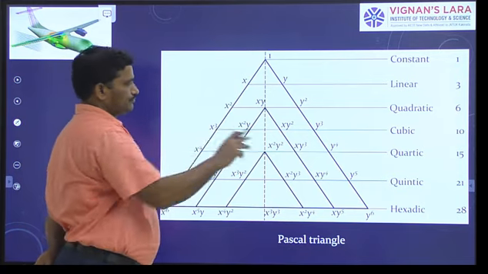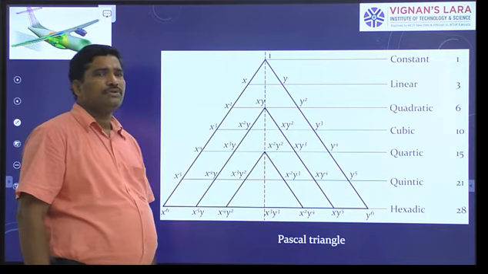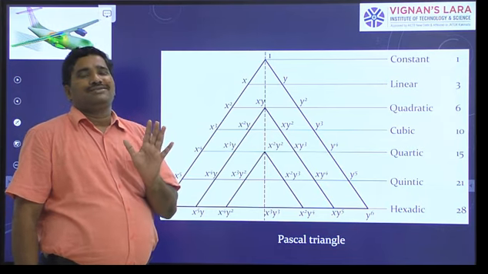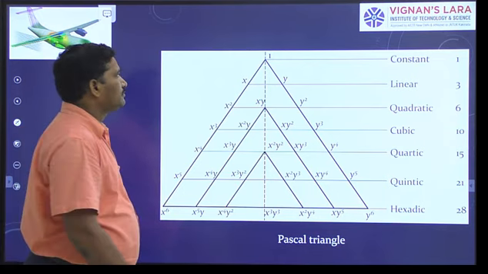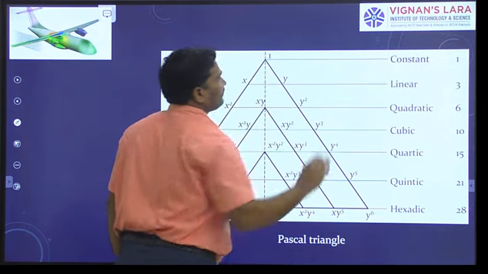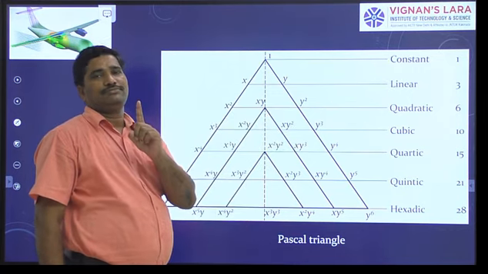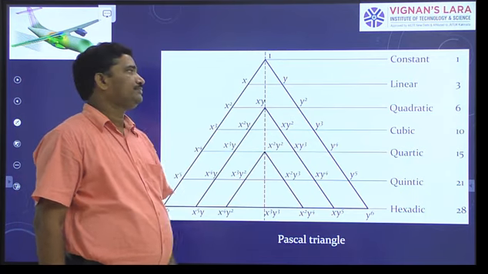Observe carefully. When you want a polynomial with only one constant, without the linear term, then take the constant term. Okay? Then you get only one term. The polynomial contains only one term.